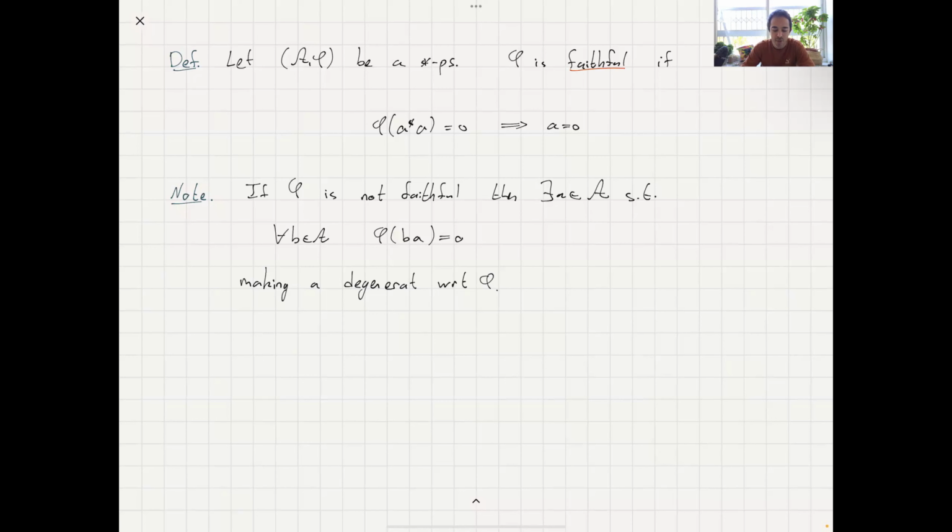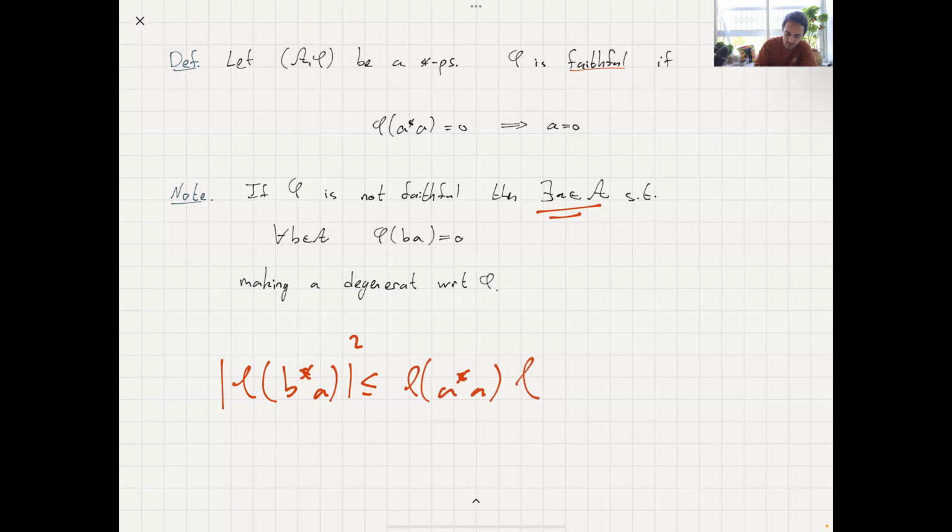And note that indeed, if phi is not faithful, then phi doesn't really capture all the information. So, for example, if phi is not faithful, then there exists an A such that phi of A star A is zero. But if you remember the Cauchy-Schwarz inequality, which you will prove, this is zero for any B. So this means that phi of BA is zero for every element B, or B star, but you can star it again.